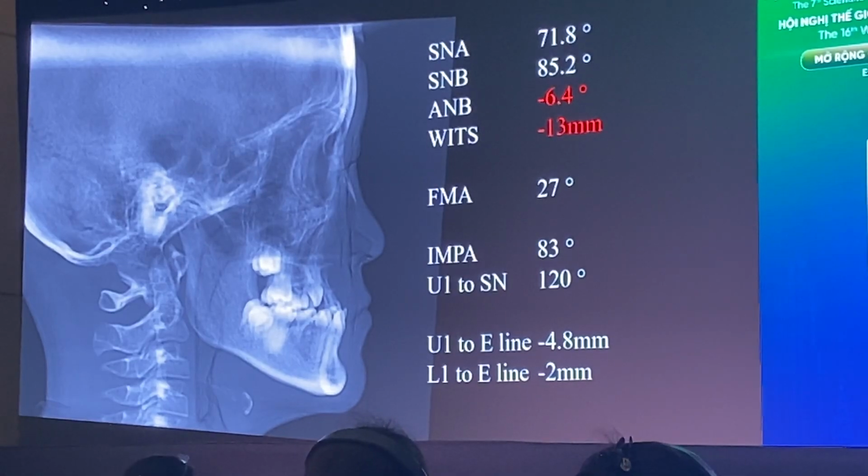Good, bad, or is it ugly? Okay. Bad means that you can camouflage by orthodontic movement. Ugly means that you're going to need surgery. Is it good, bad, or is it ugly?